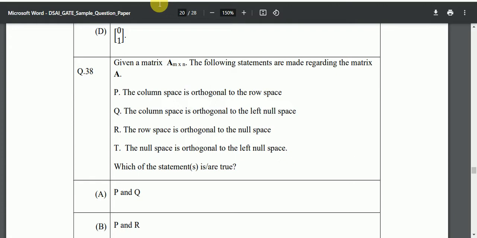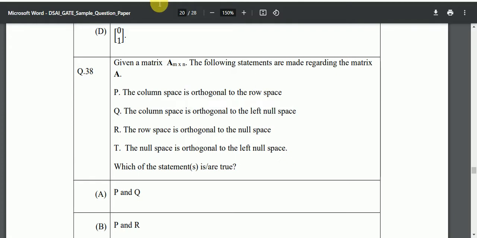Then I will take a simple example where I will find the four fundamental spaces and visualize them with a specific example. There you will have some kind of visualization of which subspace is orthogonal to which subspace, right?